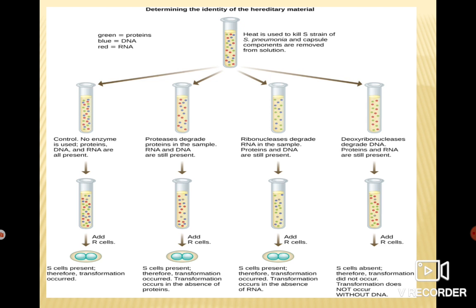Then, for DNA, they added deoxyribonucleases which degrade or break DNA, and protein and RNA are still present. Add R cell, there was no transformation, meaning S cell absent in this sample and transformation didn't occur without DNA.